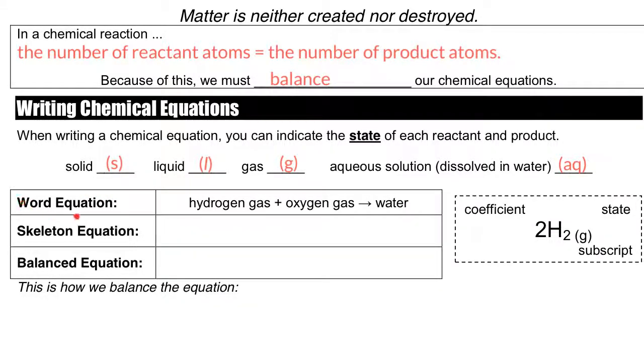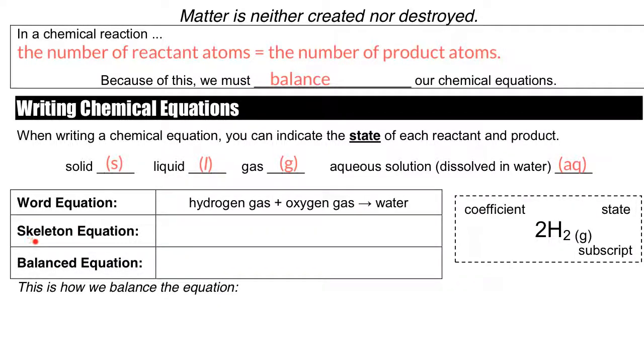There's basically three ways we can write a reaction equation. The first is the word equation. That just means the reactants and the products are shown by their name. Here we have an example of hydrogen gas reacting with oxygen gas to produce water. We separate different chemicals with a plus sign, and the arrow indicates the direction that the reaction is proceeding.